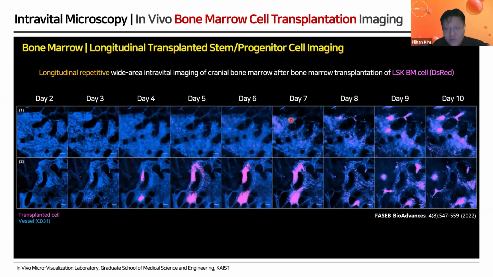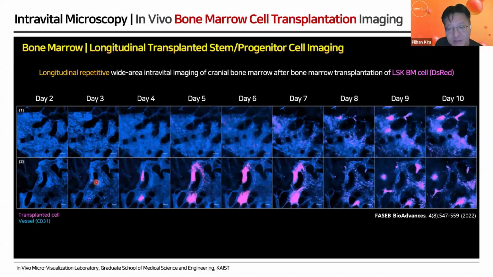Every day, we label the blood vessel by using anti-CD31 antibody probe conjugate, the vascular sinus in blue color. Okay, so this is 10 days of longitudinal imaging to see the behavior of the transplanted bone marrow cells inside the bone marrow. As you can see, at day 3, we can see just a few cells here, and they rapidly proliferate.